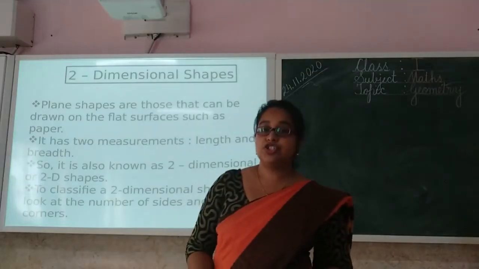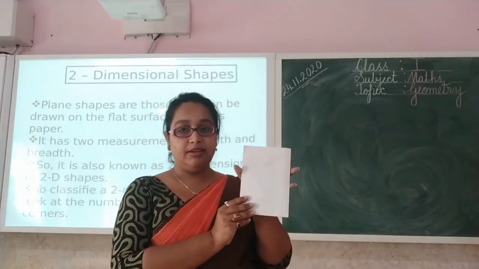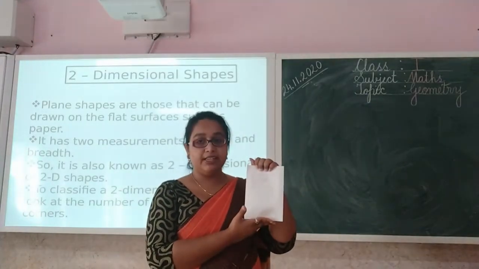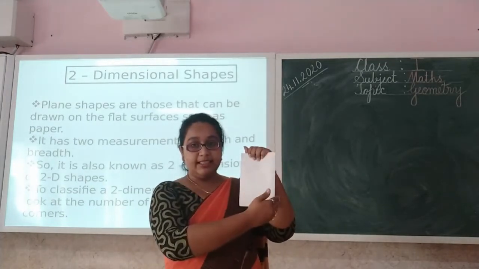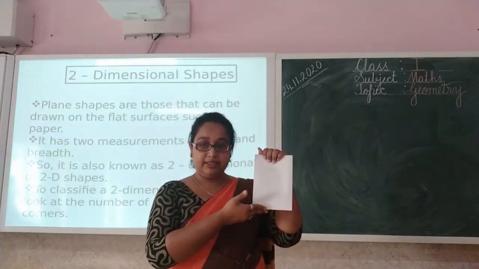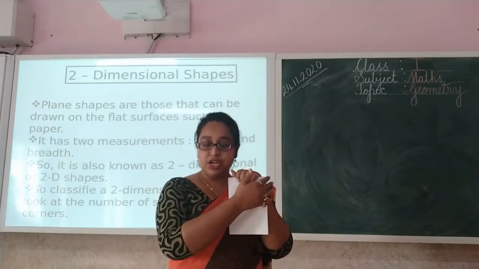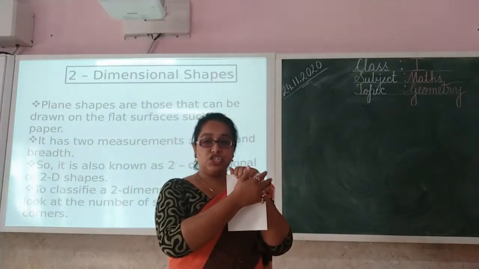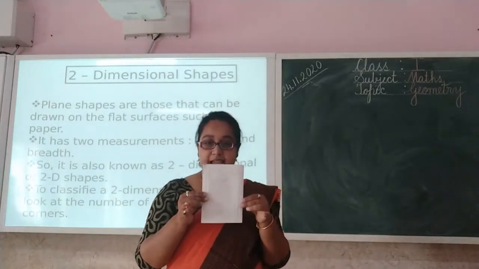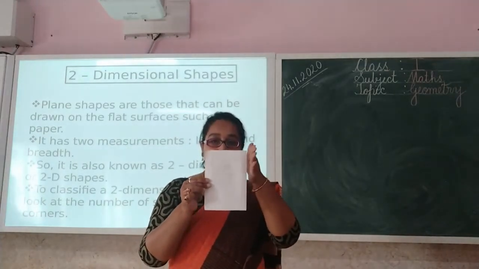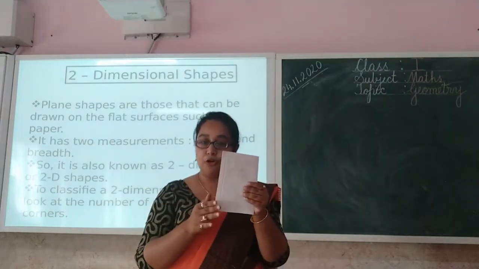Okay? So children, just look at this shape. This shape has two dimensions. One is length and the other is breadth. Right. So this is a two-dimensional or a plane shape. In this shape, we have four sides: number 1, number 2, number 3 and number 4.